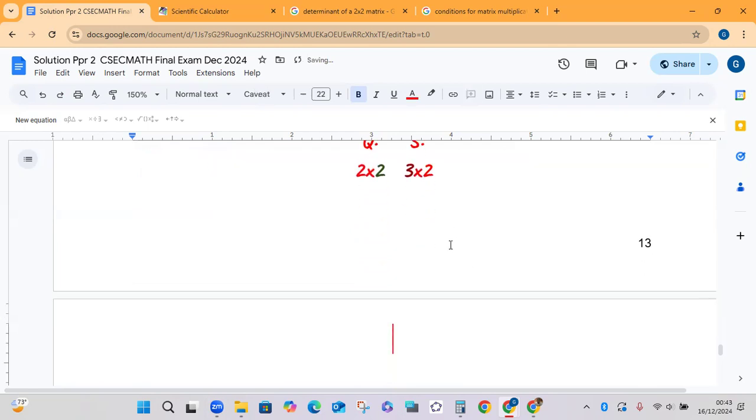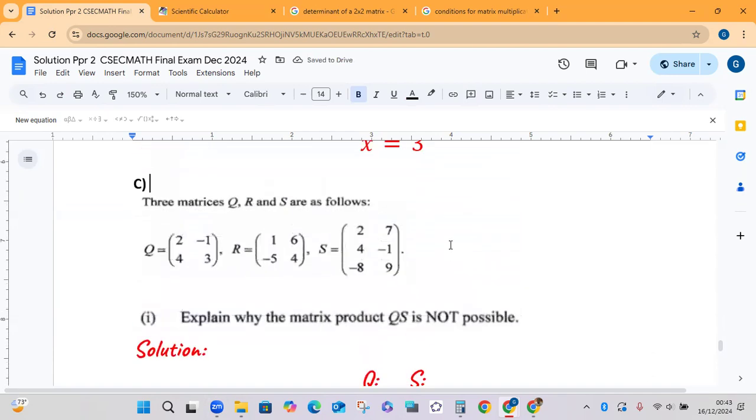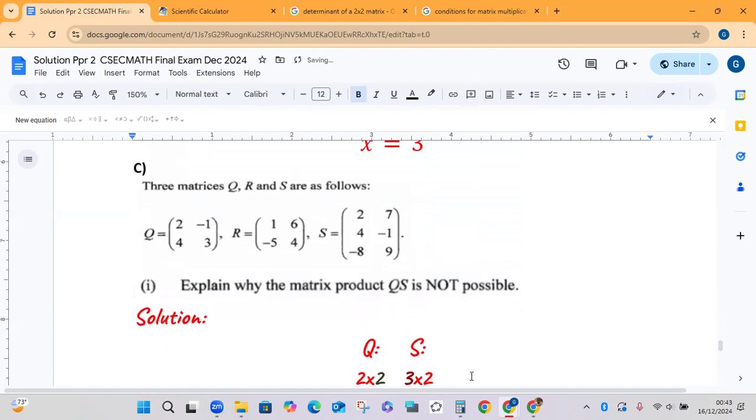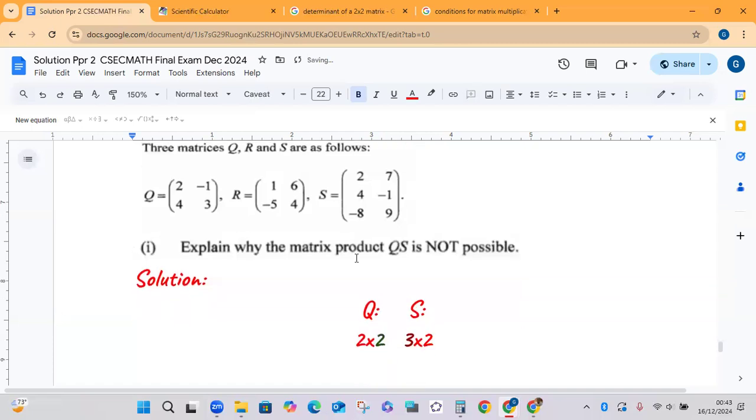So what you need to write as your answer: I want some space there, make this fit on that same page.